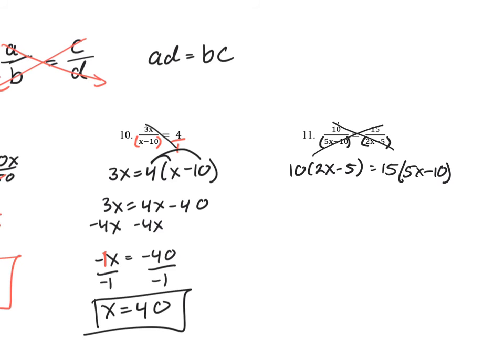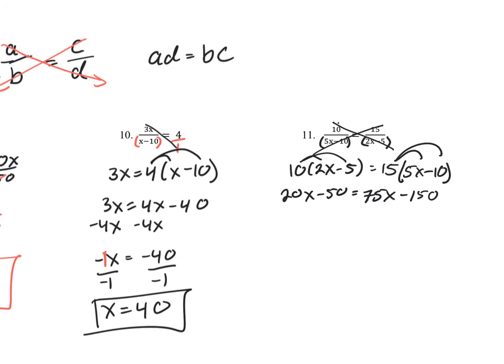We're going to want to distribute and be very careful about that. First distribution, we're going to end up with 20x minus 50. And then second distribution, we're going to end up with 75x minus 150.